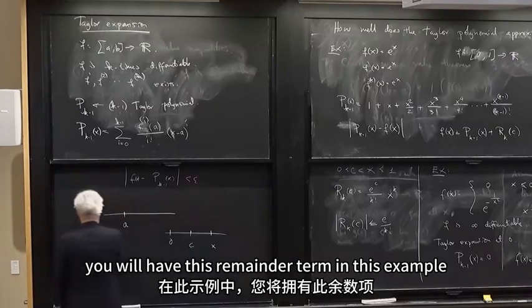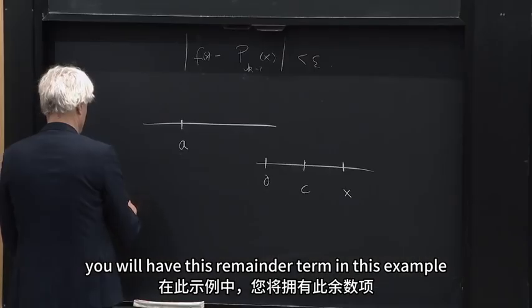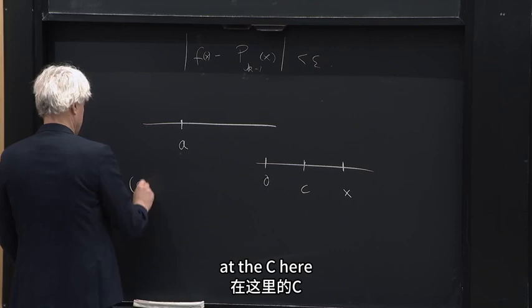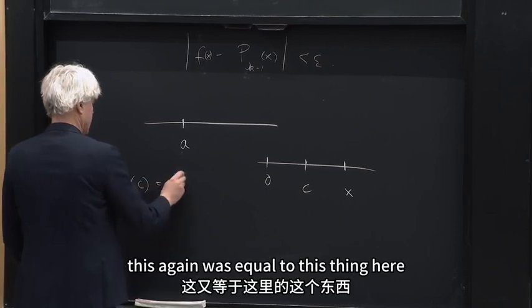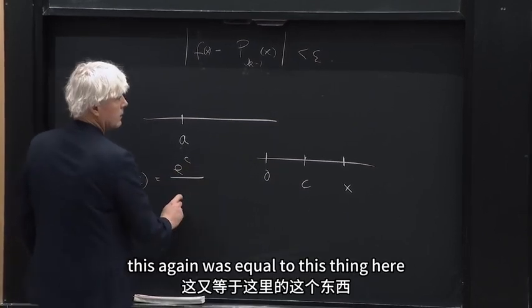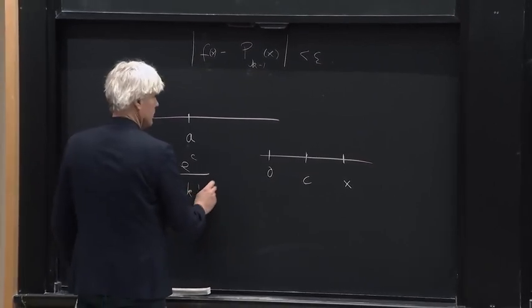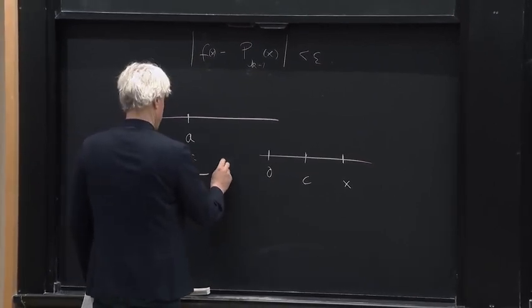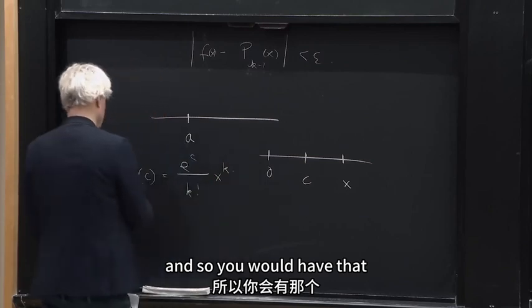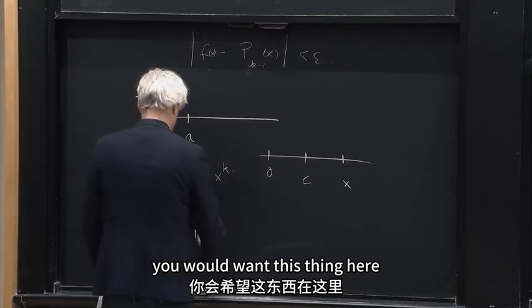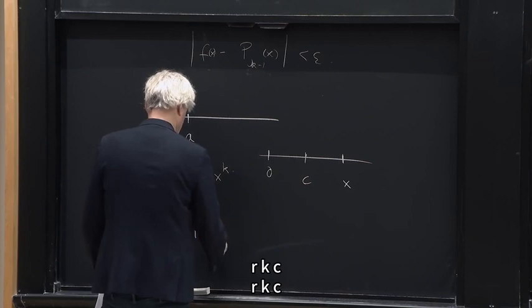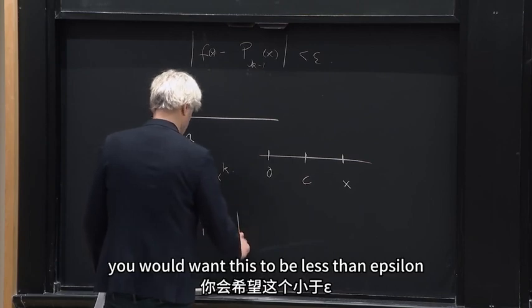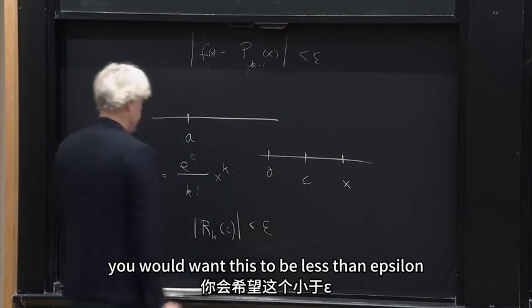You will have this remainder term in this example at the c here. This again was equal to this thing here over k factorial. And so you would want this thing here, R_k(c), to be less than epsilon.